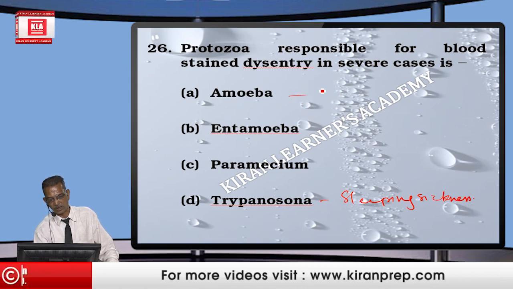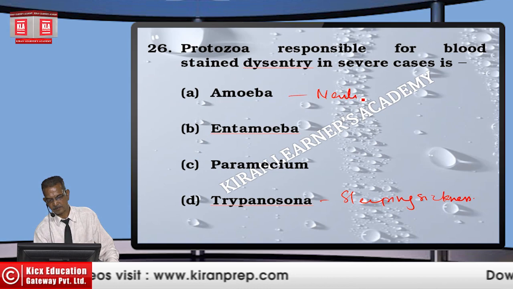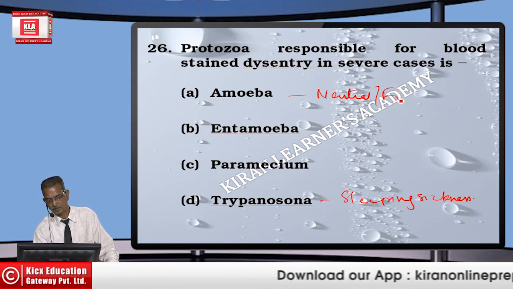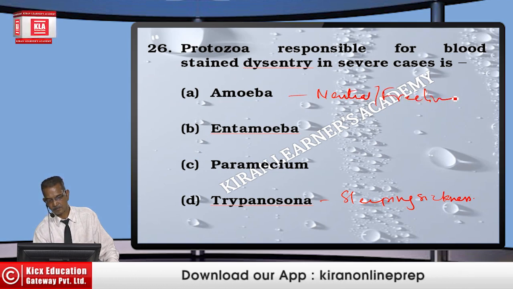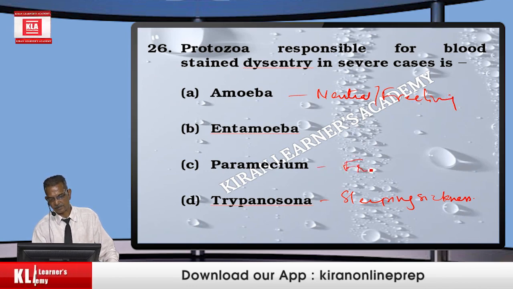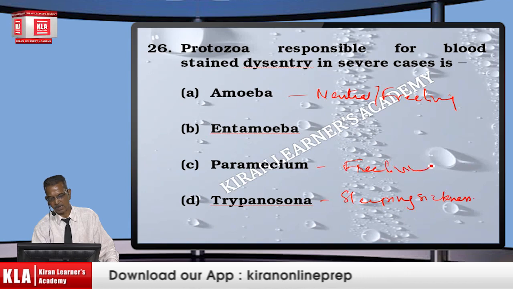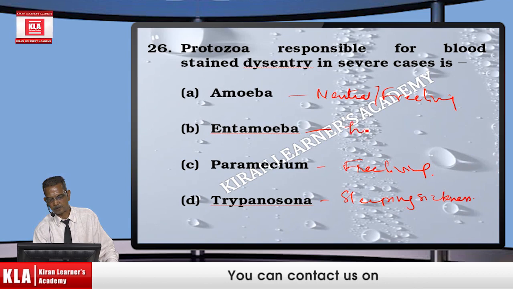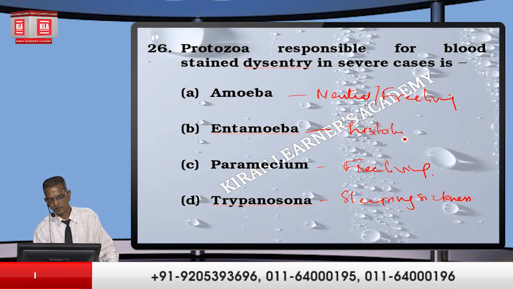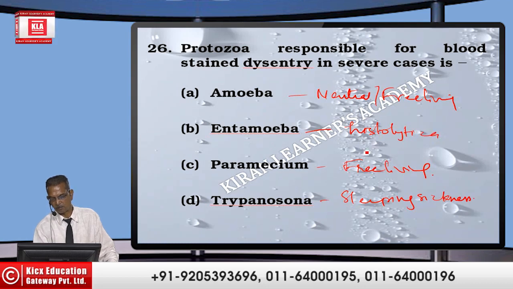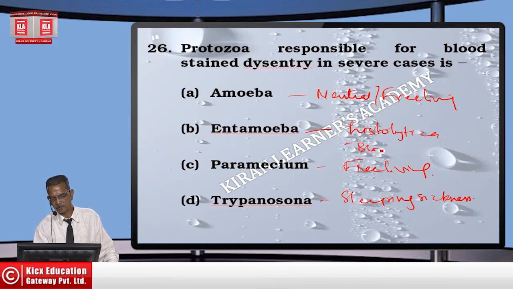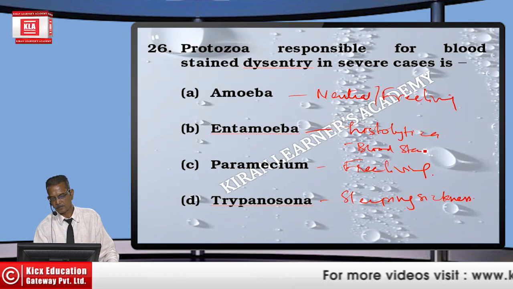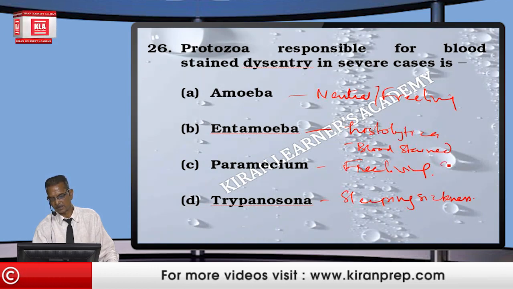Amoeba is neutral, free living. Paramecium is again free living. Doesn't cause any infection. It is entamoeba, Entamoeba histolytica, that causes blood-stained dysentery.